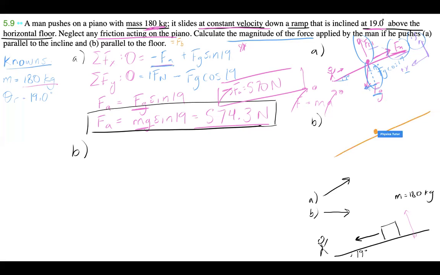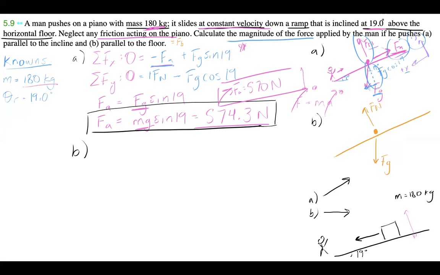Okay, so we're going to have, again, the same basic setup. FG is downwards, FN is going to be perpendicular to the surface, and then FA is no, or it's FB now.